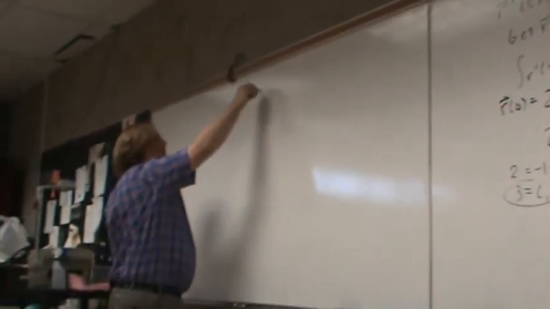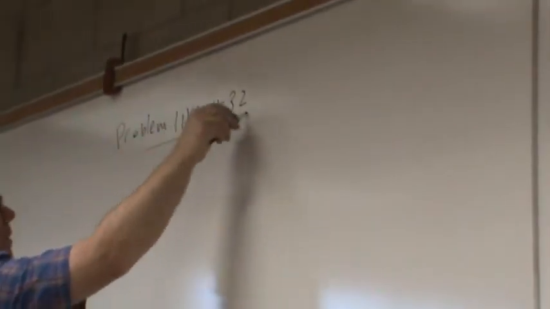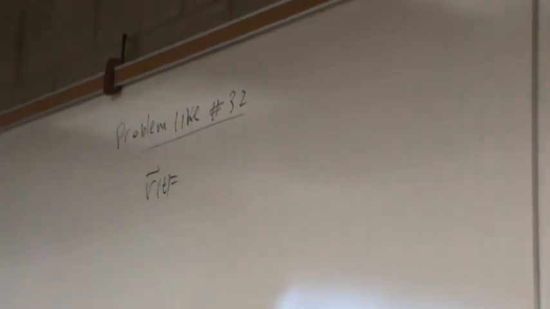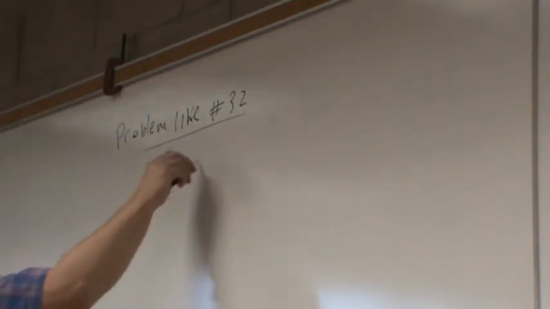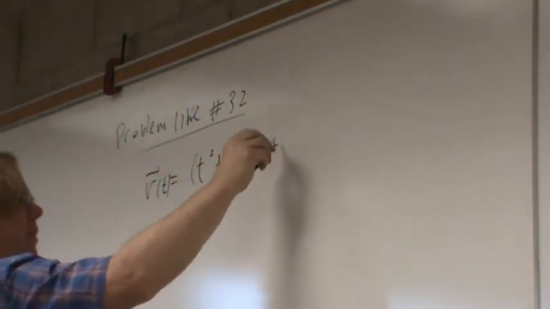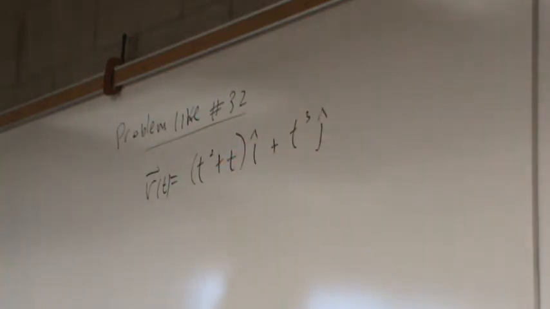You're going to get an expression for the position of a particle, r of t, and that position is going to be t squared plus t i plus t to the 3rd j. So there's my position of the particle. Please write that down.